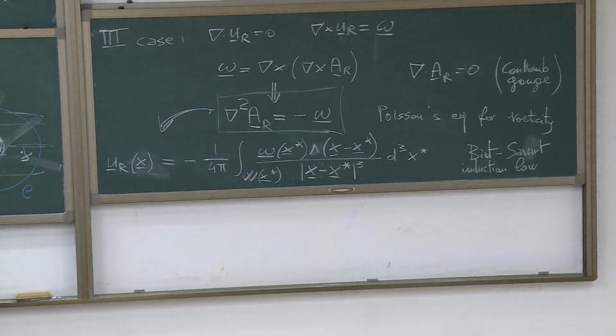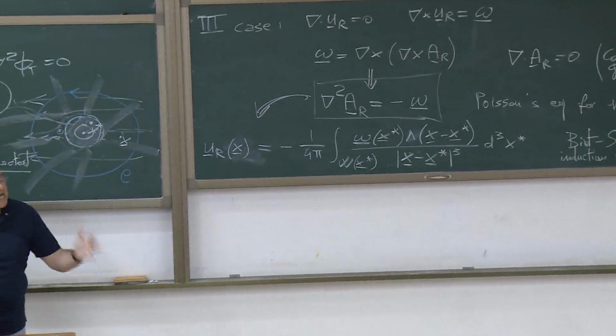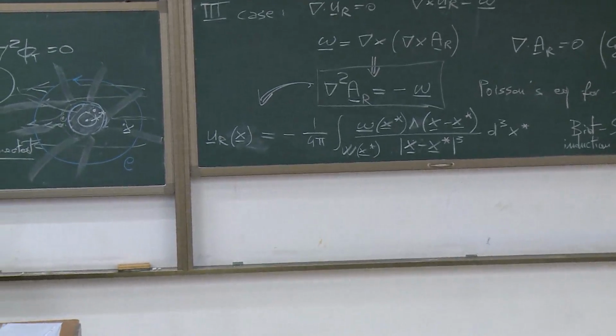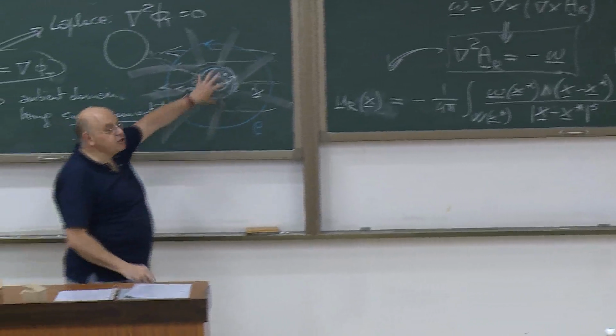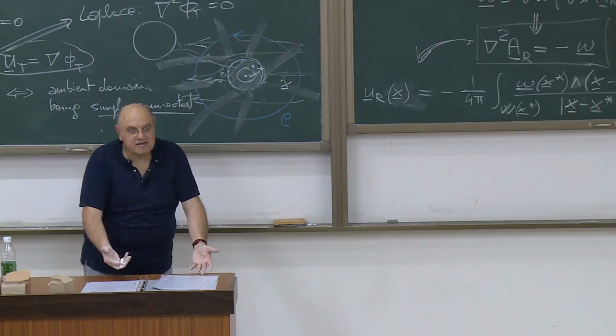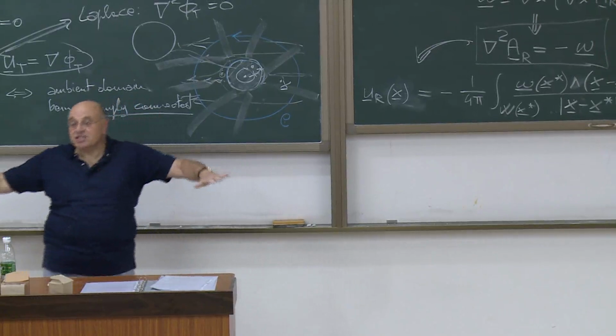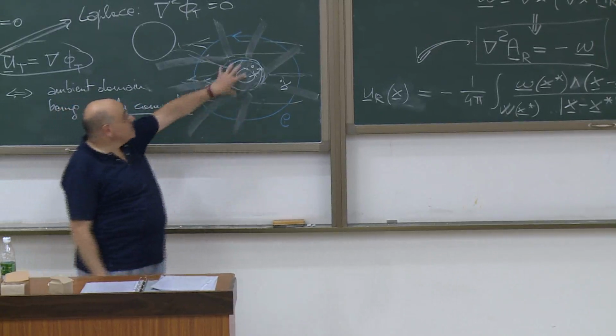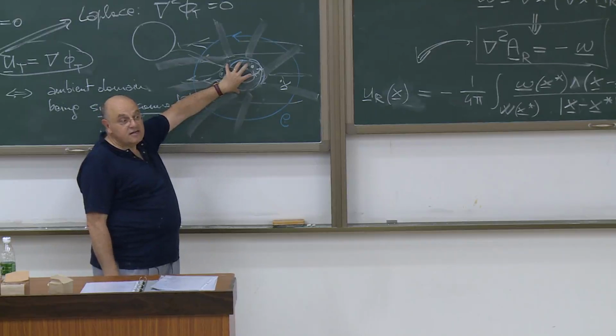If everything is steady, does not depend on time, maybe the domain does not change. That is an assumption. I assume that everything does not depend on time, so the domain is fixed.